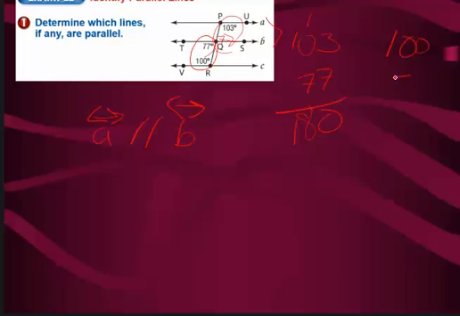If we add those together, are they supplementary? No. So these two lines are not parallel. If B is not parallel to C, then A is not parallel to C. The only two lines that are parallel are lines A and B.